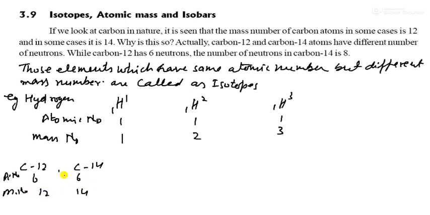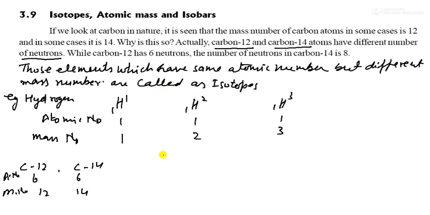So these have the same atomic number but differ in their mass number. This is the example given: carbon 12 and carbon 14 have a different number of neutrons. Whenever we subtract the atomic number (protons) from the mass number, we get only the neutrons. So the number of neutrons also differs in this.